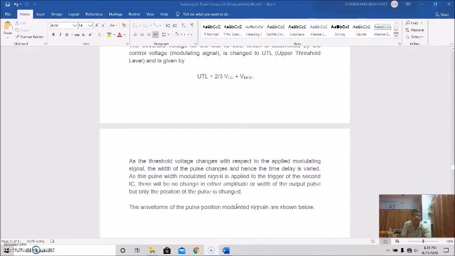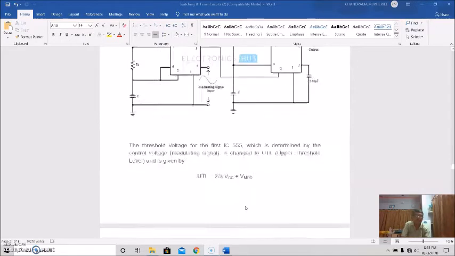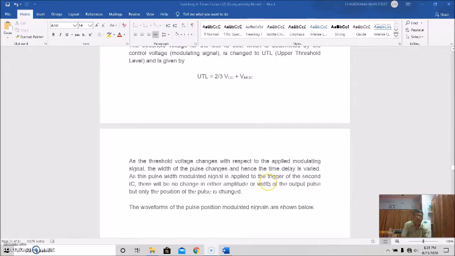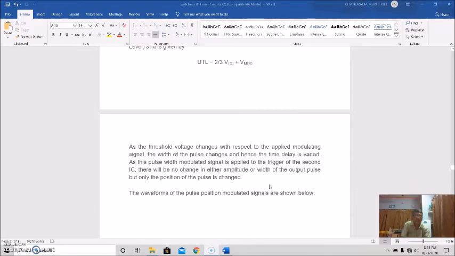As the threshold voltage changes with respect to the applied modulating signal, the width of the pulse of course changes, and hence the time delay is varied. As this pulse width modulated signal is applied to the trigger of the second IC, the width of the pulse changes, and hence the time delay is varied.